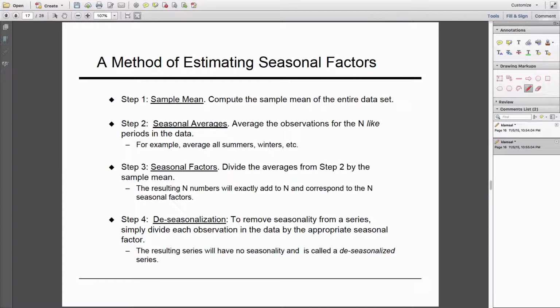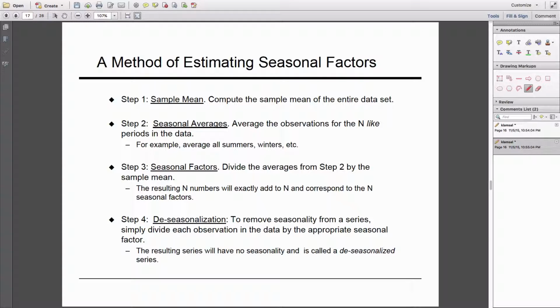And I'll show you while I work through this. For instance, I average all the summers, all the winters data, and so forth. In step 3, I calculate the seasonal factors. That is, I divide the averages that I got from step 2 by the sample mean. Okay? And I get n numbers.